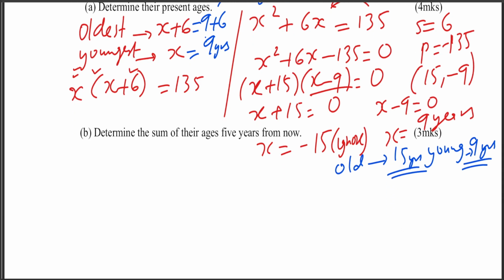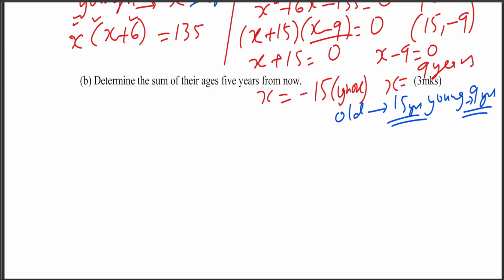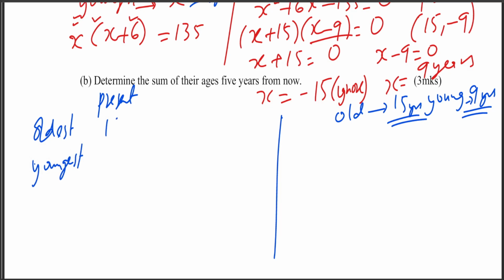So question B, determine the sum of the ages 5 years from now. Kwa vile tunajua the present ages, the present age of the oldest tunasema ni 15, and the youngest is 9. So 5 years from now, 15 plus 5, 9 plus 5.